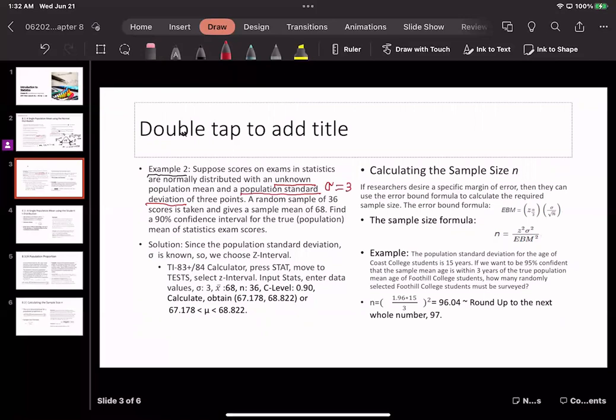A random sample of 36 scores is taken and gives a sample mean of 68. Find a 90% confidence interval for the true population mean of statistics exam scores.